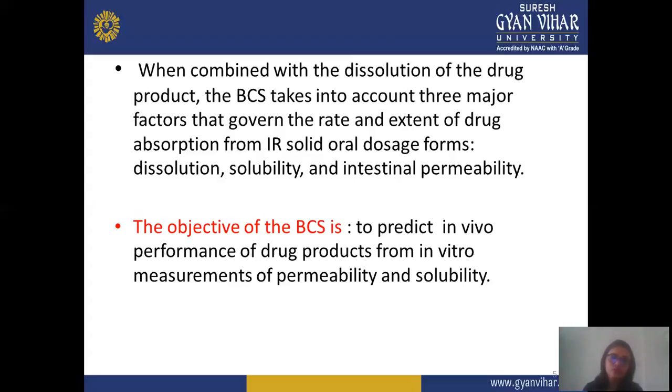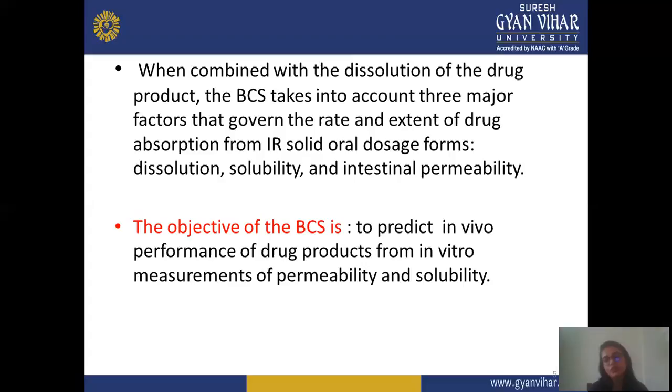And in this, you say that the basic objective of BCS classification is to predict in vivo performance of the drug product from in vitro measurements of permeability and solubility. It means you can check both in vivo and in vitro tests.